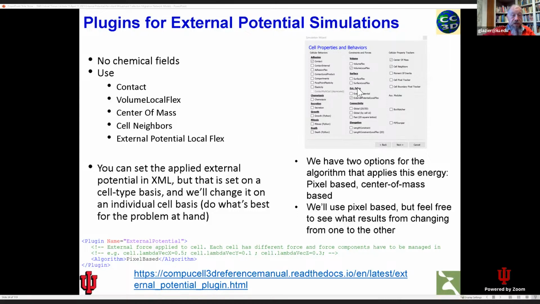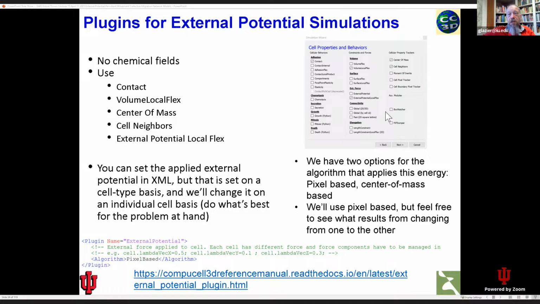We're not going to be playing with that in this particular simulation today. If we were going to go further, we'd need that. We will click external potential local flex. That's our new feature. And then we'll use center of mass and cell neighbors as well.